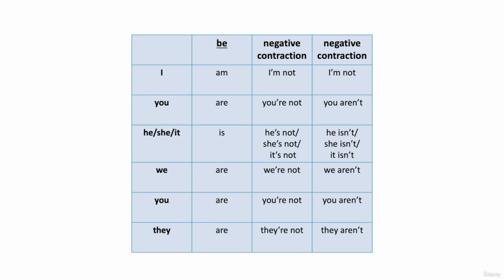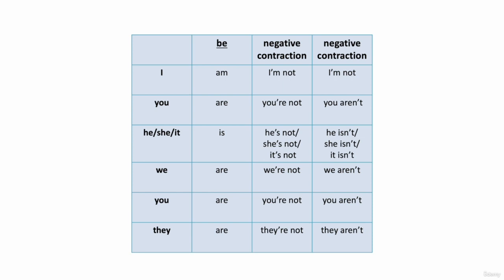With the first, second, and third person plural pronouns, we can contract as follows: we're not, we aren't. You're not, you aren't. They're not, they aren't.